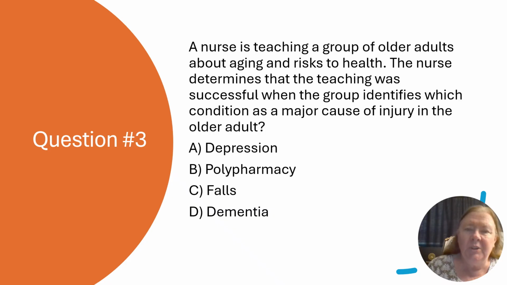Okay, and on this one, what is the major cause of injury in the older adult? And that is C, falls. Okay, very, very important question. For people older than 65, falls are the leading cause of fatal and non-fatal injuries. Hip fractures are the most significant problem in the older adult, because of the bone loss, especially in females.